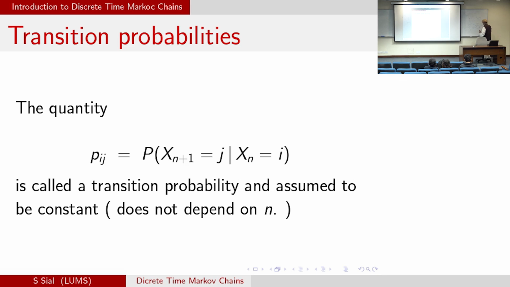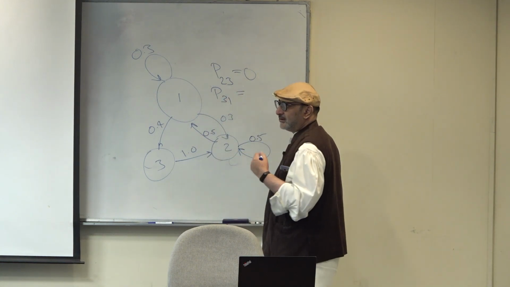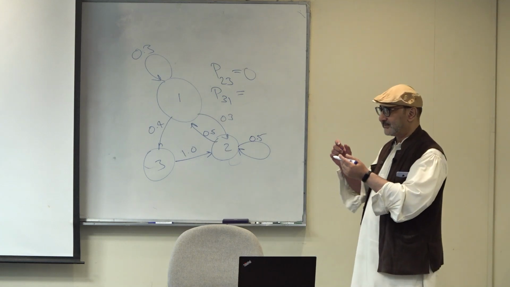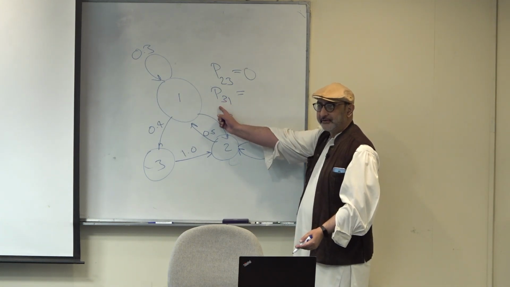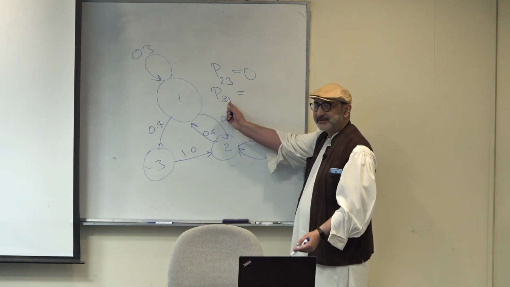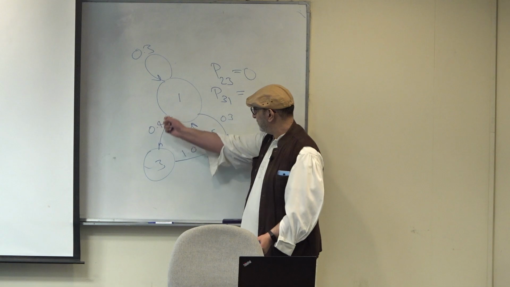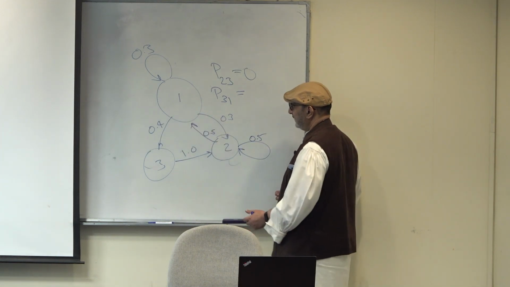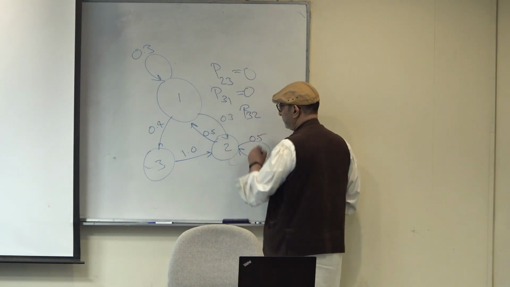What about P of 3, 1? P sub 3, 1 means what's the probability that if you are in the state 3 currently, the system would next be in the state 1? It's 0. What's P of 3, 2?